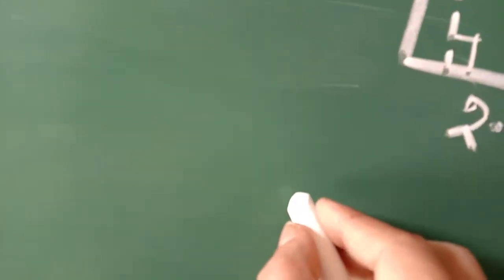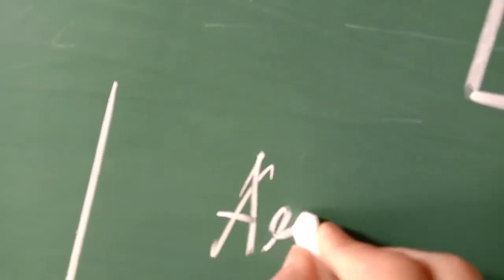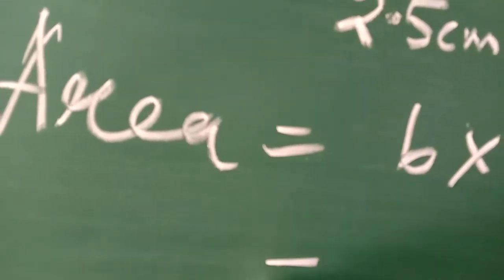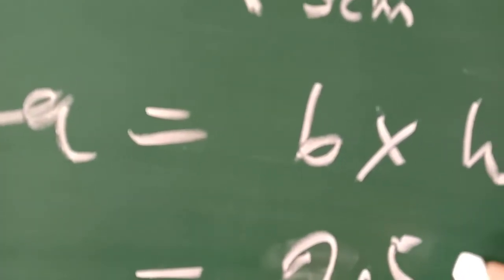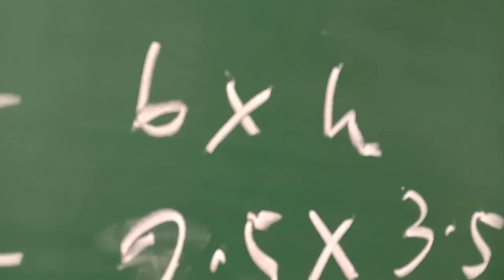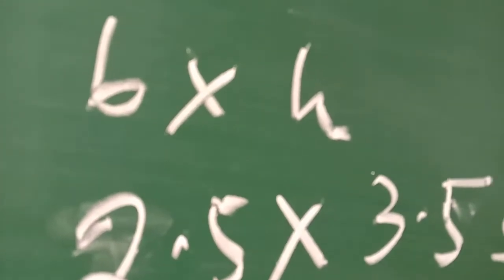So here also, the area of the parallelogram is equal to base into height. Base 2.5, height 3.5 square centimeter.